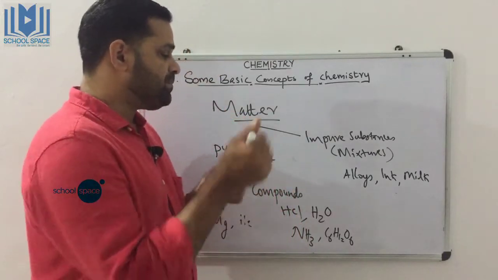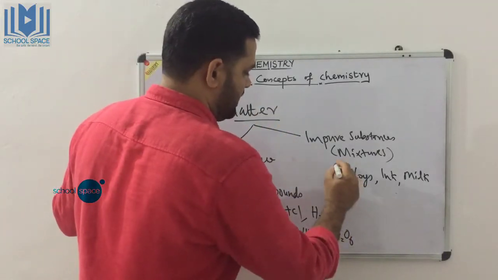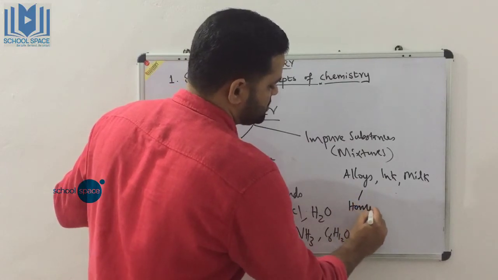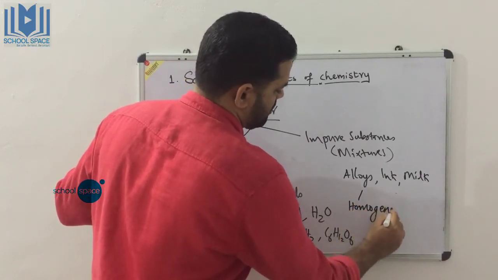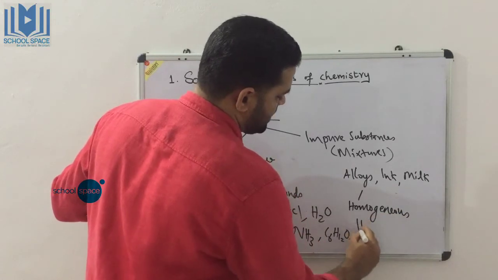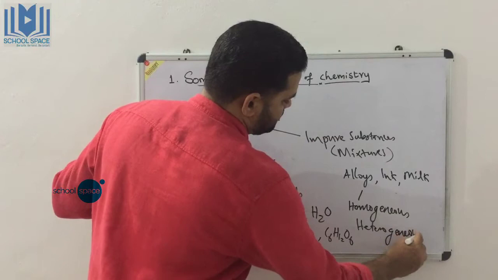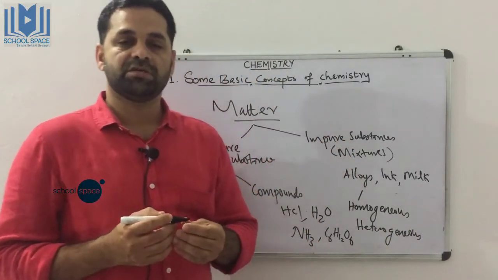And impure substances we can again divide into two, that is homogeneous and heterogeneous. So what are homogeneous mixtures?